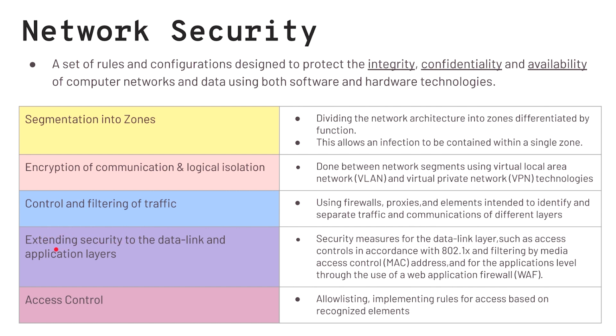Then there is the discussion about extending security to the data link and application layers. So it's not only about TCP/IP. Coming from the IT side, we only think about routability, IP, and the transport layer, TCP or UDP. But the data link is very important. Ethernet, the way we connect the devices, the PLCs, to the HMIs, we need to think about security in the data link, but also go to the application.